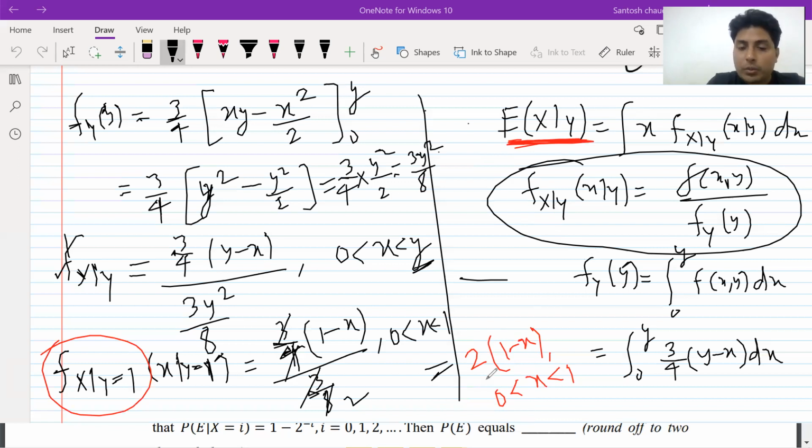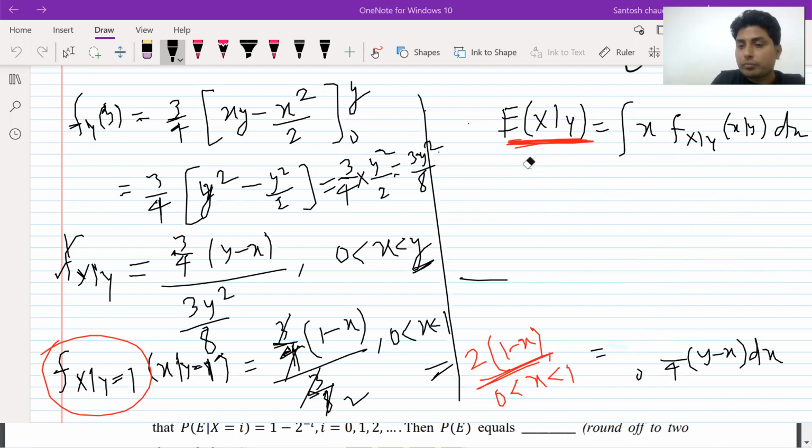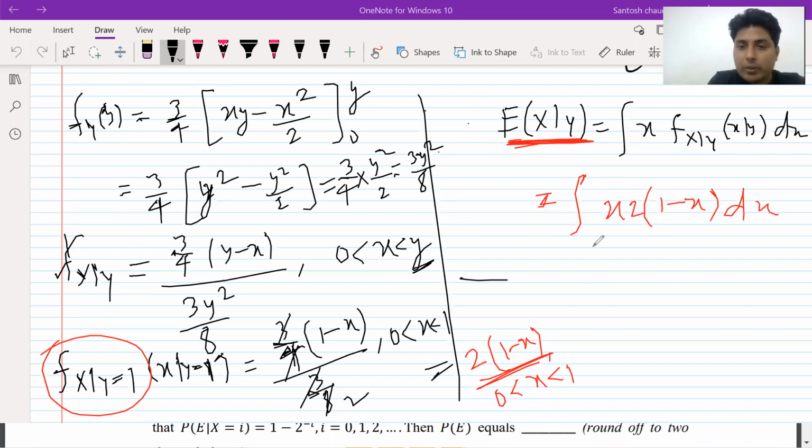I have 2 into (1 minus x), so the integral of x times 2 times (1 minus x) dx, limit 0 to 1. So 2 outside, integral 0 to 1 of x minus x square dx.